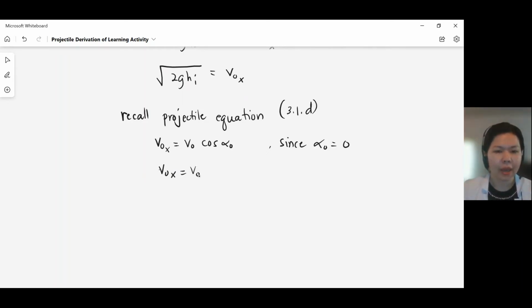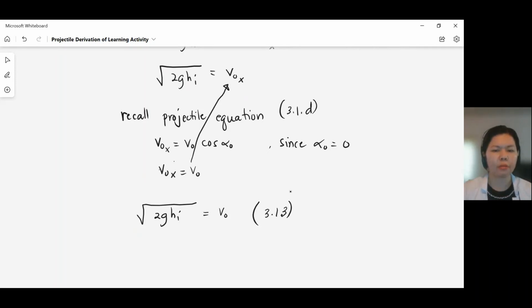And replacing this to this, we have square root of 2 g h initial equals v naught. Let us call this 3.13.